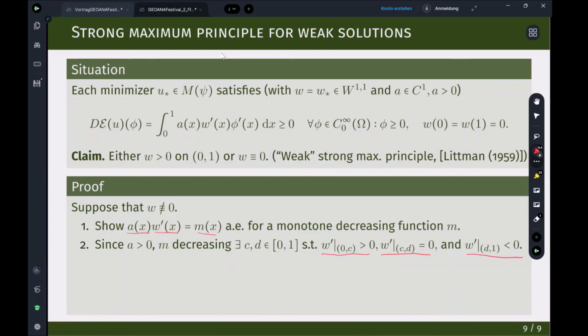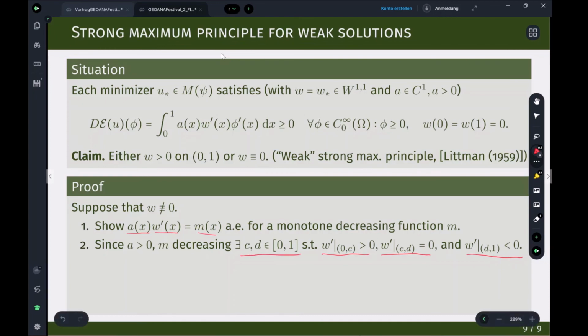Another thing is not possible. And I have to emphasize also, all of those three regions may be empty, right? Because this decreasing function doesn't have to take any of those values. It can as well take only negative values or something. So all of those three regions could still be empty.